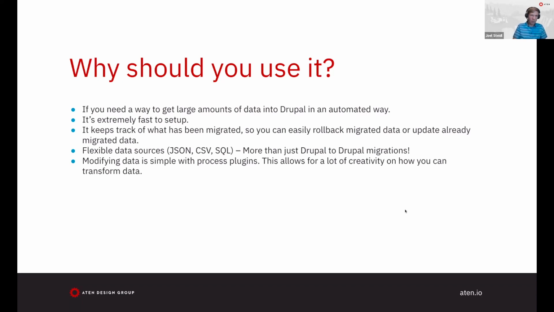And then, of course, modifying data is really simple with process plugins. This allows for a lot of creativity on how you can use those. I've done all sorts of things with process plugins, probably things you shouldn't do in process plugins, but I love how creative you can be with them. And I'll show off some examples during the webinar.